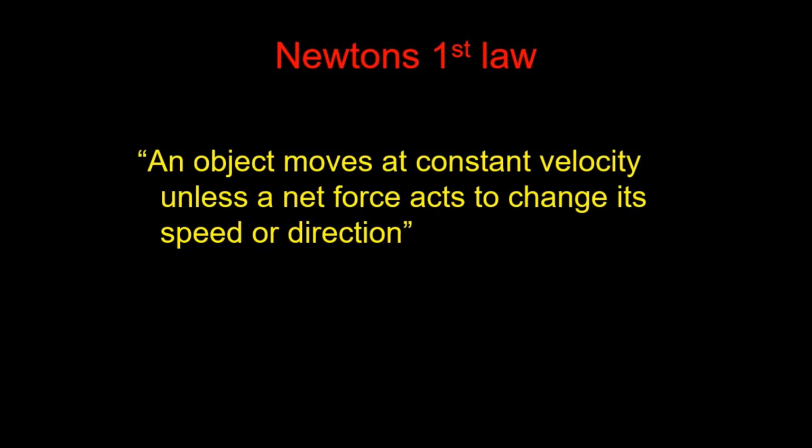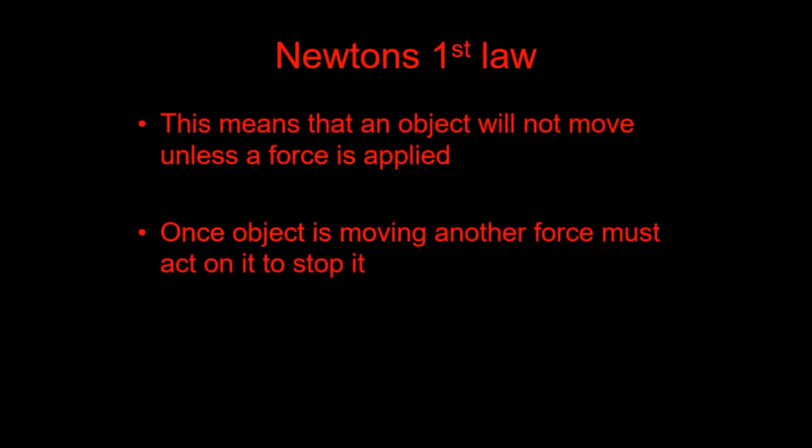This means when something's moving, a force must act against it, or an acceleration must act against it to bring it back to zero, or you have to actually apply a force to something to start it moving in the first place. So a relatively common sense law that we have to take into account. So it means that stationary objects won't move unless you make them move. And once it's moving, another force has to act on it in order to stop it.